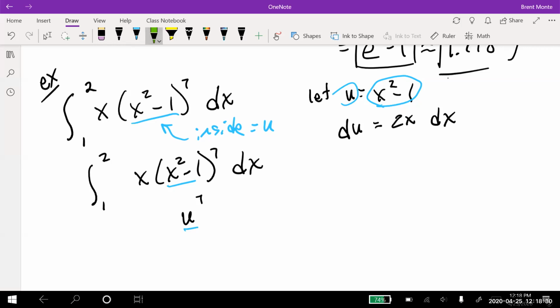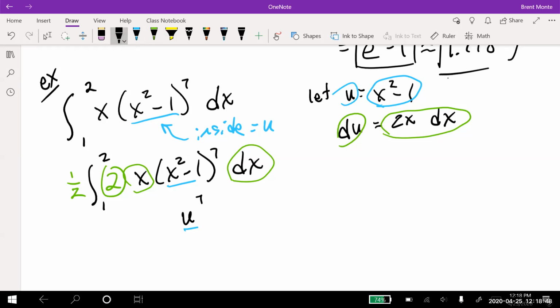I have this x and the dx, but I need a 2x. So I'm going to do my little trick. I'm going to put the 2 right there, but I have to put a 1/2 on the outside. Oh, now I've got my 2x dx. That's circled, becomes the du.